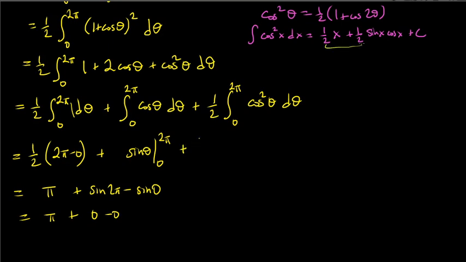Notice that we have a 1/2 here, so times 1/2 is going to be 1/4. And here x is theta, so this is theta evaluated between 0 and 2 pi, and then plus sine theta cosine theta. Remember, I pulled out the 1/2 already, evaluated between 0 and 2 pi.